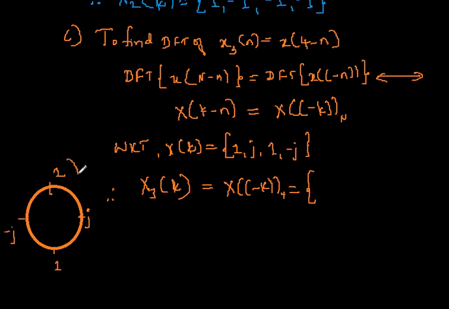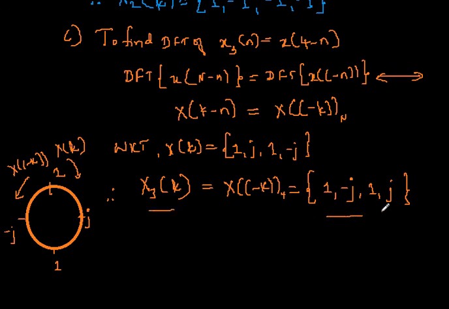If I read it this way, I get x of k. If I read it anti-clockwise, I get x of minus k, which is what I'm looking for. So x of minus k must be 1, minus j, 1 and j. This is how I get the expression for x of minus k, which is nothing but x3 of k, and this is the final answer.